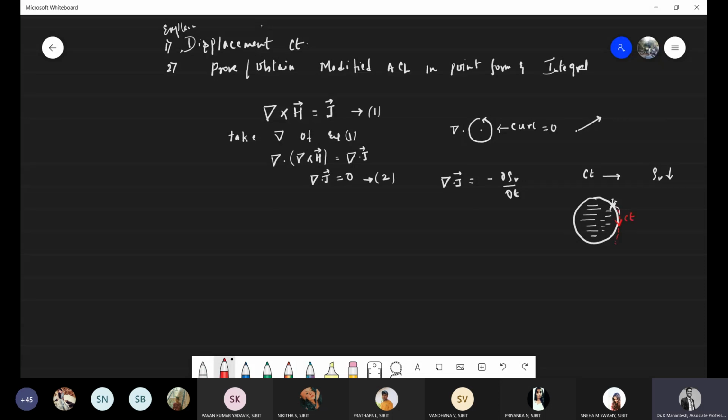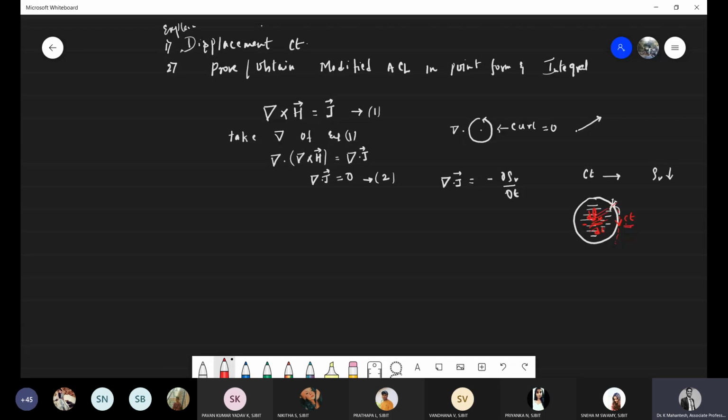The current of water is due to the decrease of water inside the balloon. So here it is rho v, d rho v by dt. That means there is a negative quantity because it is getting decreased inside the balloon. The water is flowing outside through the punctured area. So this is the current here.